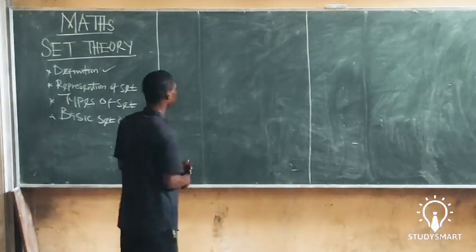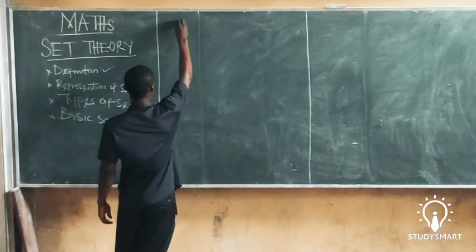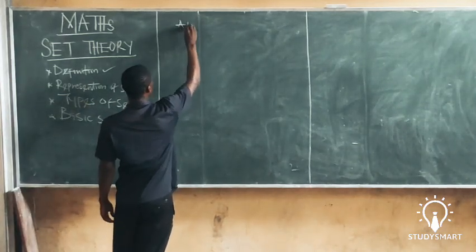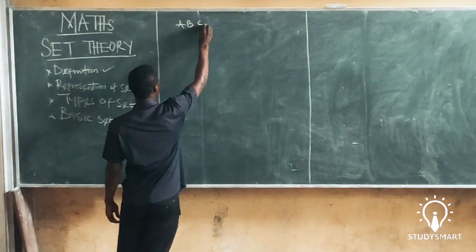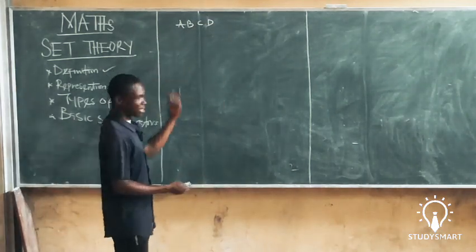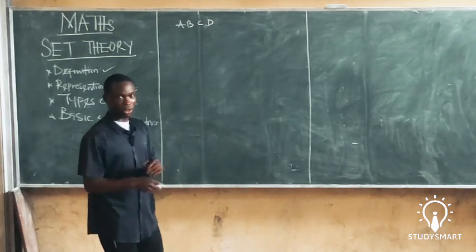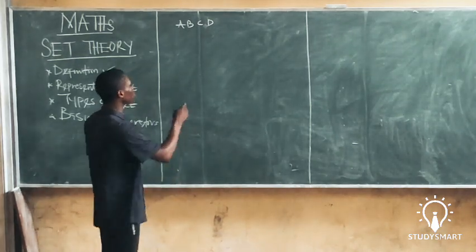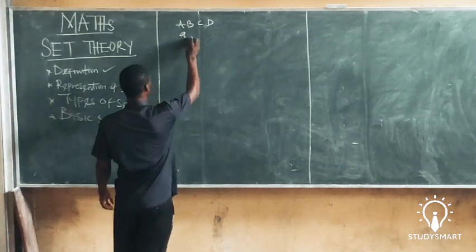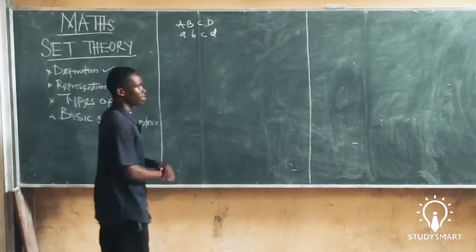What I mean is, in denoting a set, we use uppercase letters like A, B, C, or even D. Either of these can be used. While in denoting the elements of the set, we use lowercase letters like a, b, c, d, just in this form.